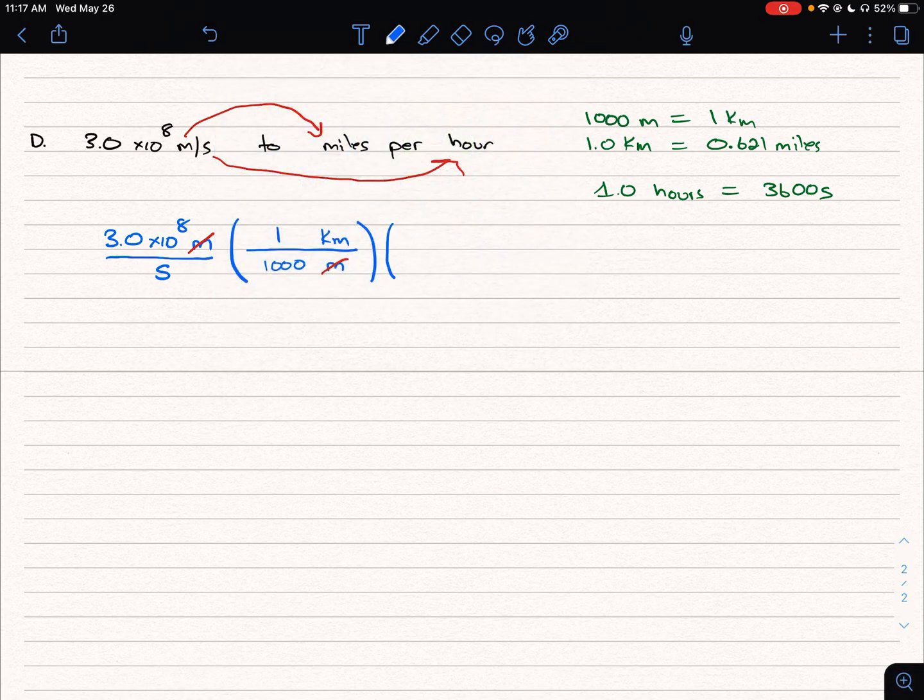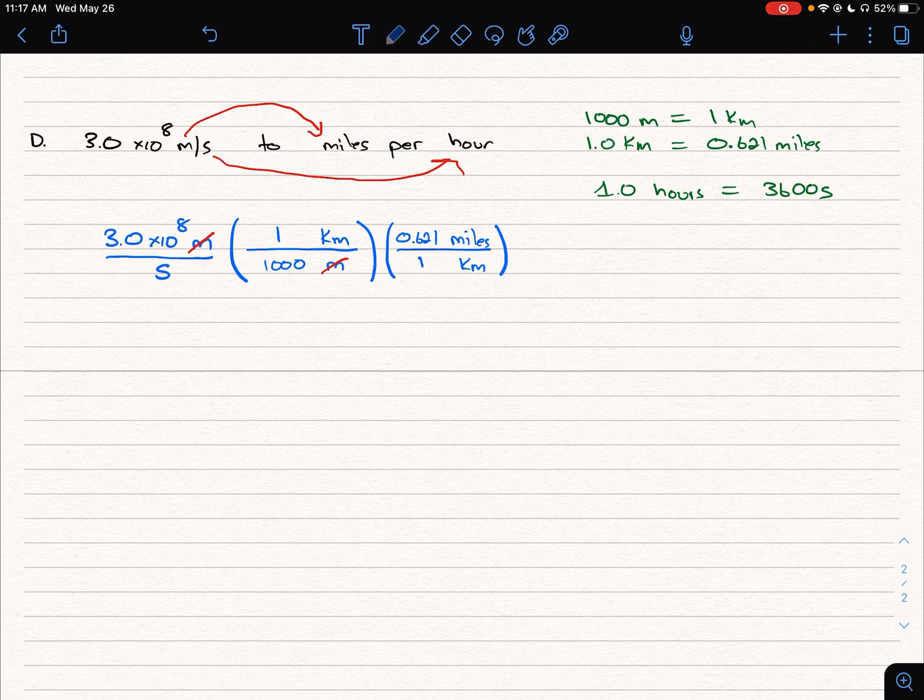So I'm going to add a second conversion. In this conversion, we're going to get rid of kilometers and go to miles. And so we can look at our conversion and see 0.621 miles per 1 kilometer. Kilometers go away. If we stopped here, our rate would be in miles per second. So next we want to get rid of the seconds and turn it into hours.